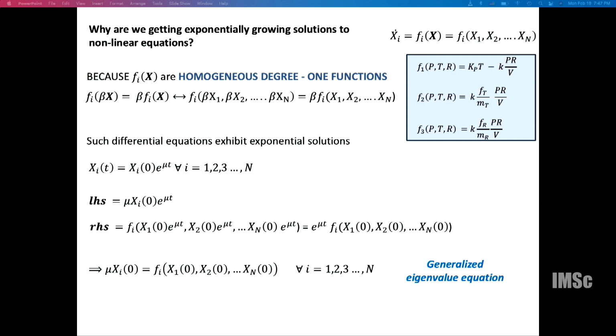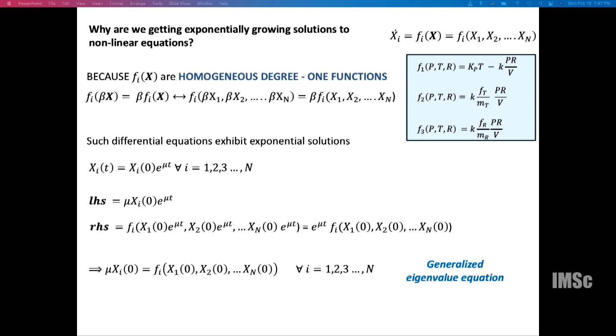Therefore, I will be left with an algebraic equation, which is a nonlinear algebraic equation because these f's are nonlinear functions. That's a generalization of an eigenvalue equation of a matrix. The exponential solution is a solution to nonlinear differential equations where these functions are homogeneous degree 1. So what we end up with is a generalization of linearity.